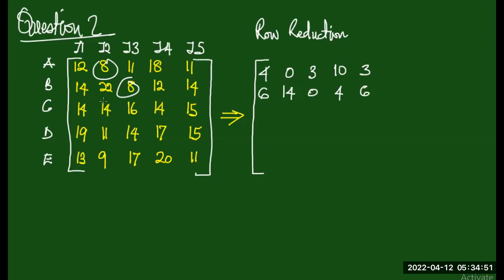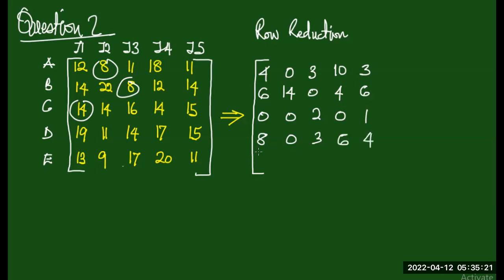The least is 14. 14 minus 14, 0. 14 minus 14, 0. 16 minus 14, 2. 14 minus 14, 0. 15 minus 14, 1. The least here is 11. 19 minus 11, 8. 11 minus 11, 0. 14 minus 11, 3. 17 minus 11, 6. 15 minus 11, 4.